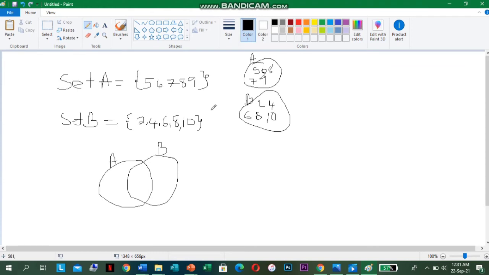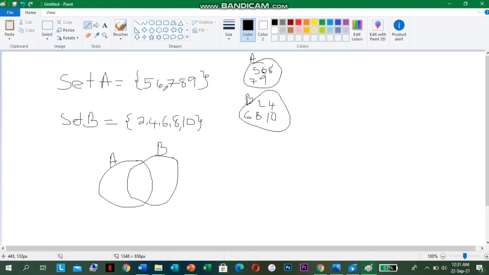Remember that intersection are the ones that have both things in common. So you should find the commonality between both sets. In other words, find the commonality between both sets.